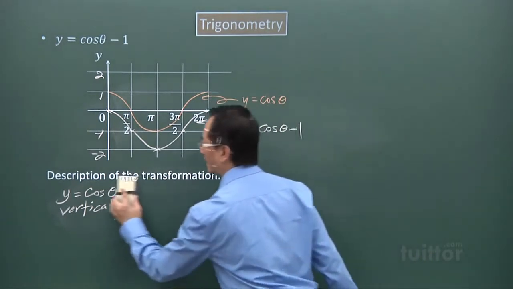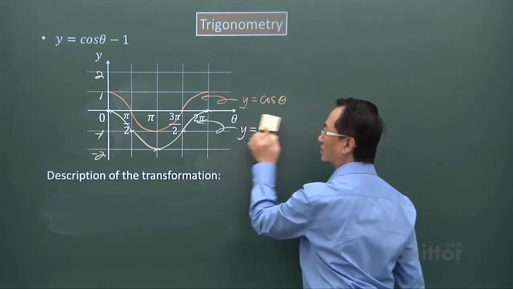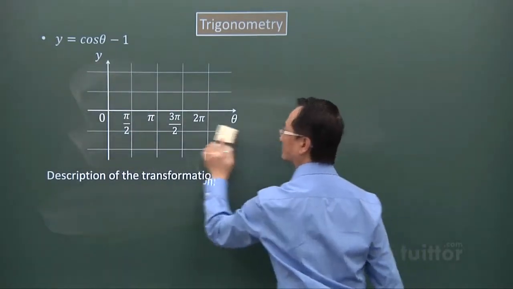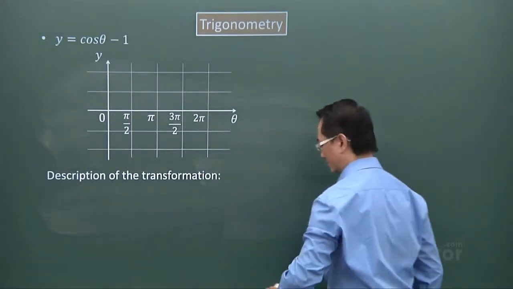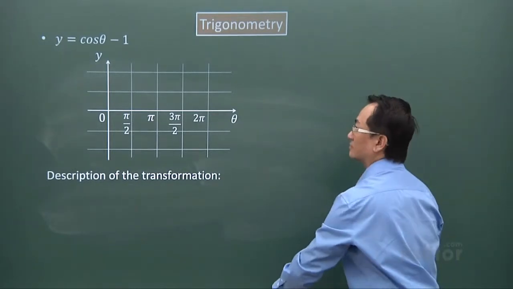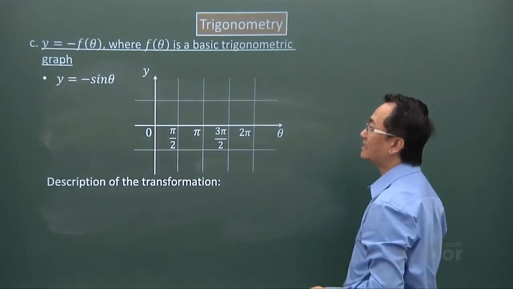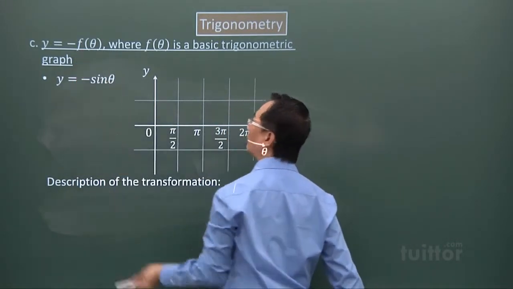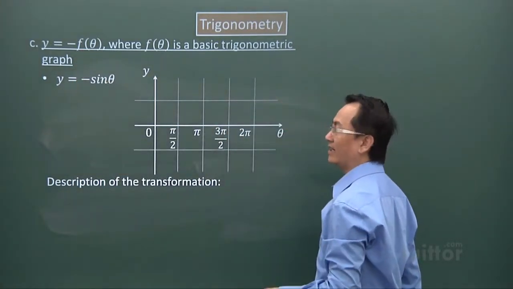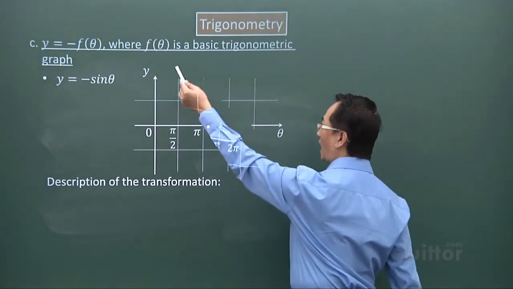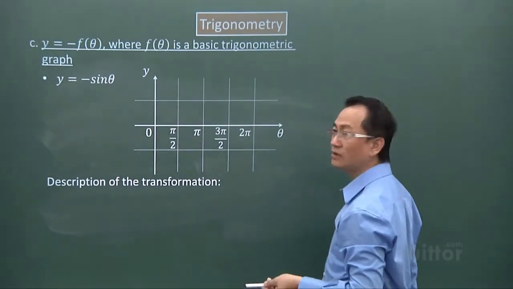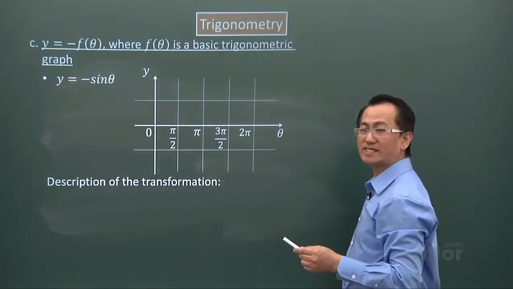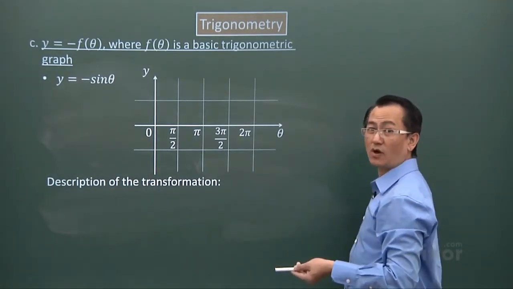So let's look at the next group of graphs, a different transformation. This time you see there is a negative in front of f bracket theta. Again, f bracket theta is referring to the basic graphs like y equals sine theta, y equals cos theta.